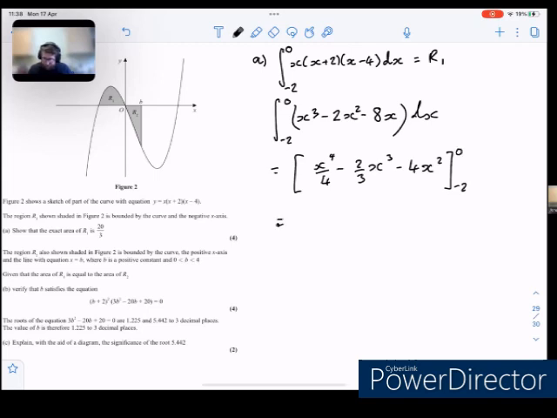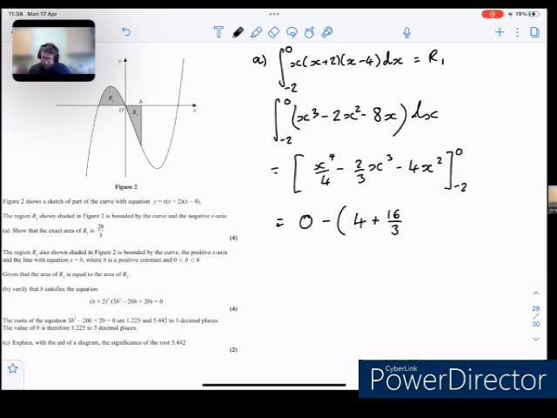You sub in 0 for that, you get 0, which is quite nice. And then we've got to subtract what we get when we sub in minus 2. So that will be 4. Minus 2 cubed is minus 8 times 2/3, so that'll be plus 16/3.